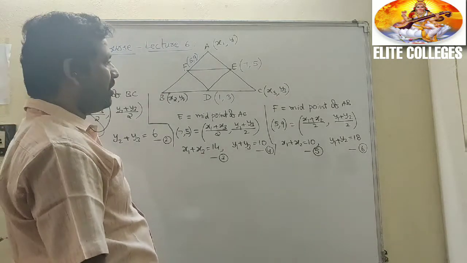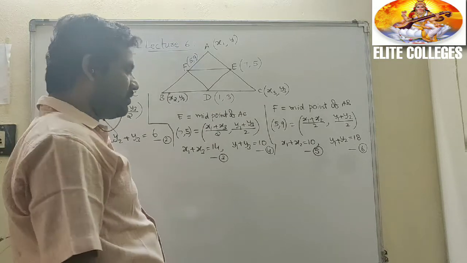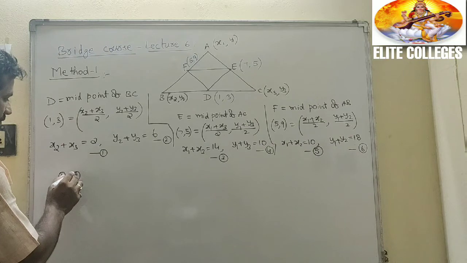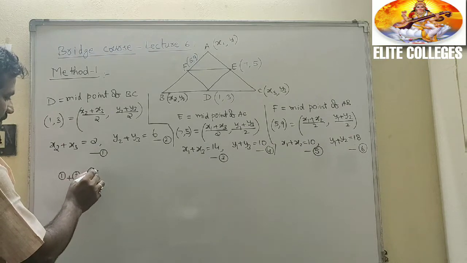Right. How do you solve and how do you find the vertices? See this one. Now take equations 1 plus 3 plus 5.